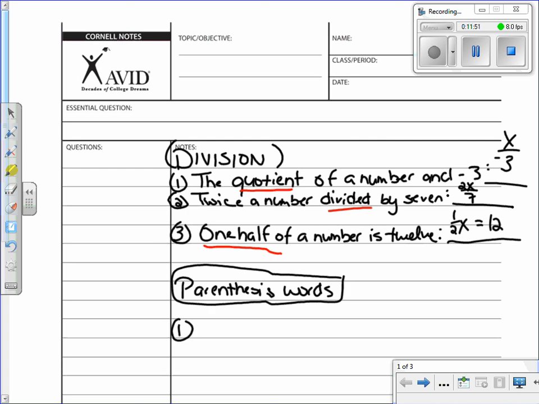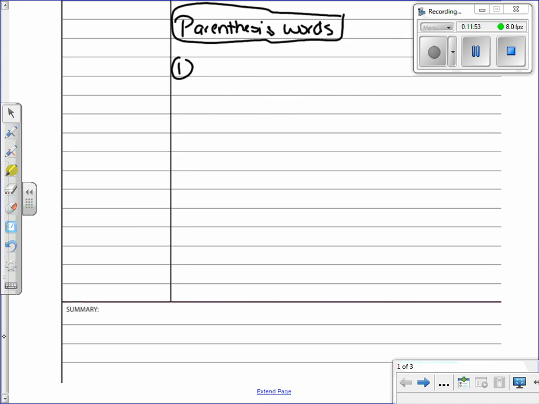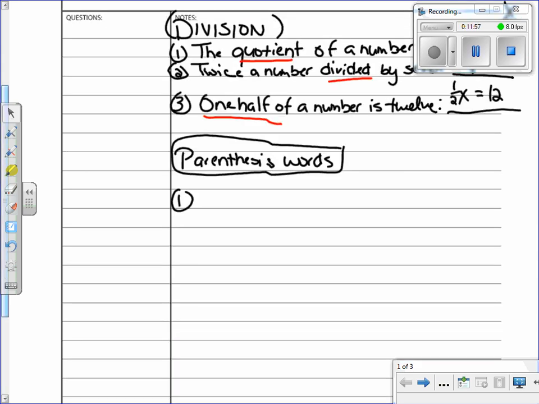Example 1. Four times the difference of a number and 7.